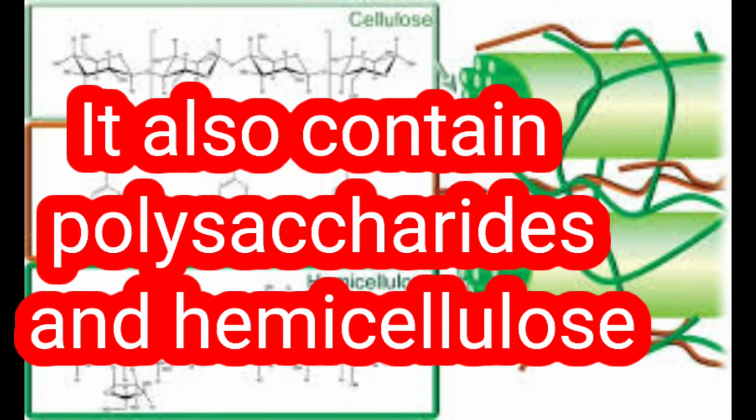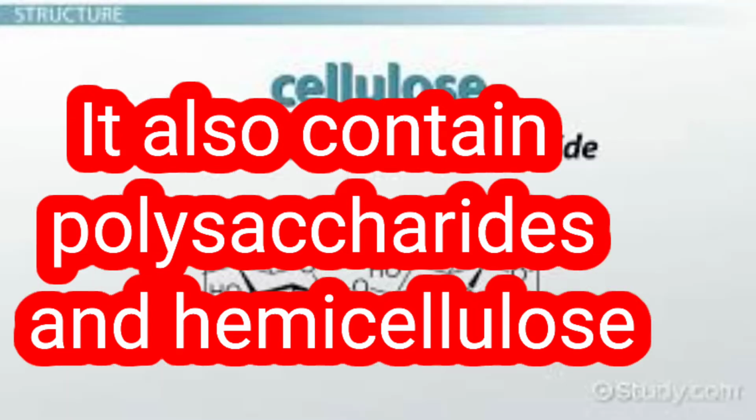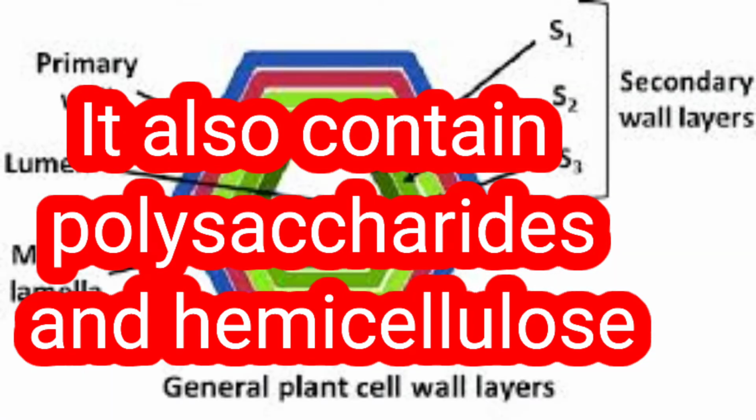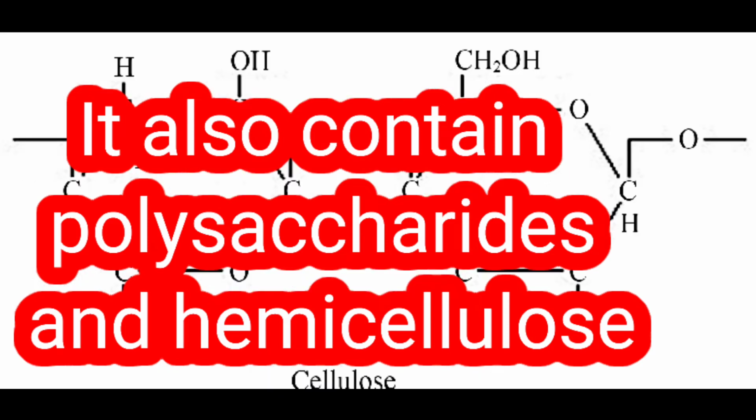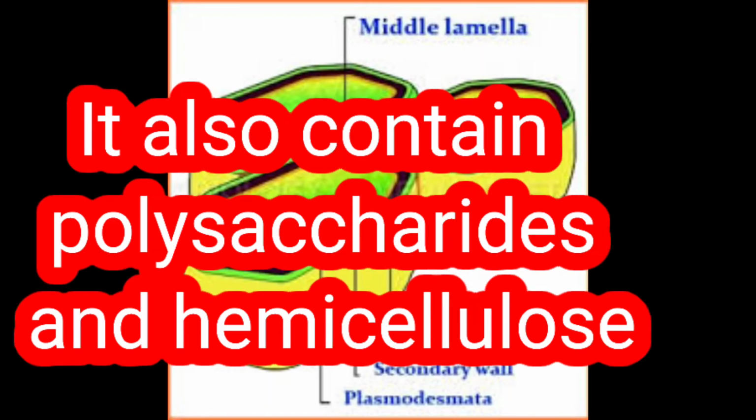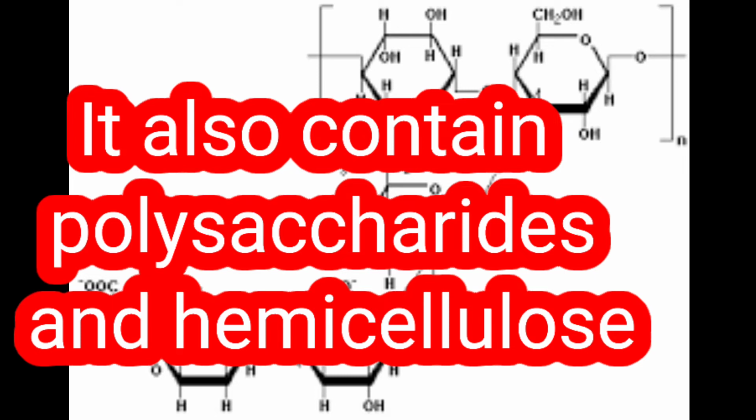Hemicellulose is a heteropolysaccharide, which contains xylose, mannose and other units. It contains beta bonding like cellulose, but the unit is not glucose. That's why it is known as hemicellulose.